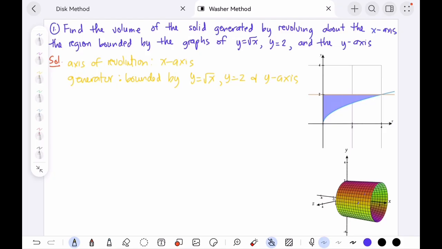But this time we will be revolving it with respect to the x-axis. So as you can see here in this solid of revolution, if we will cut a slice somewhere here, we will get a washer. A washer because there is a hole in the middle of the slice. So to solve this, we use the washer method.